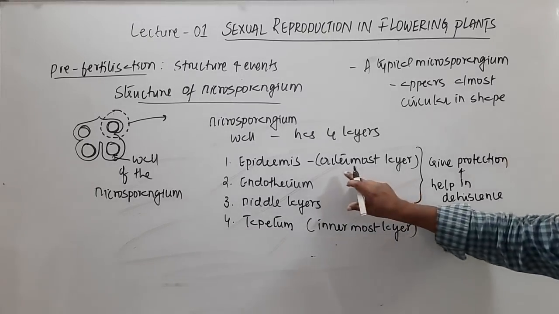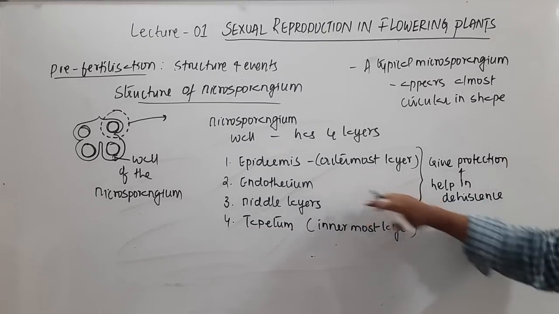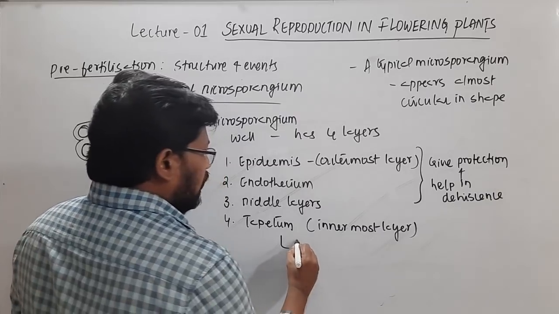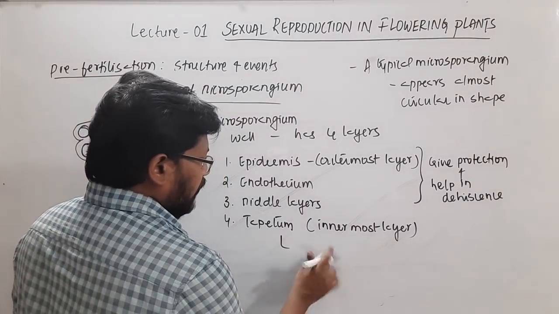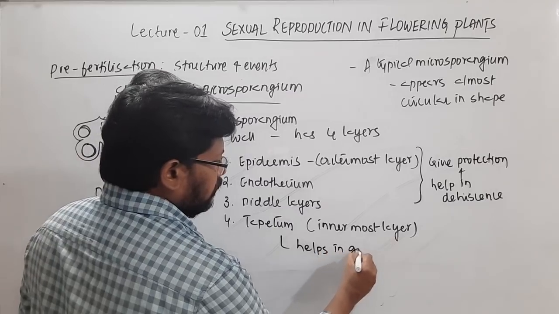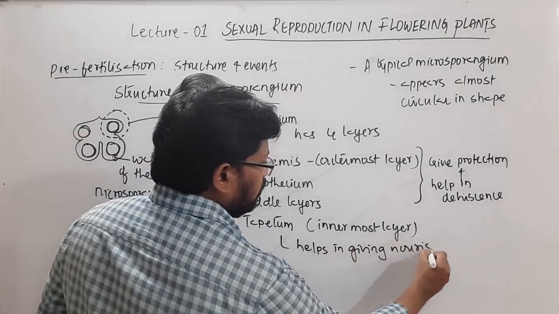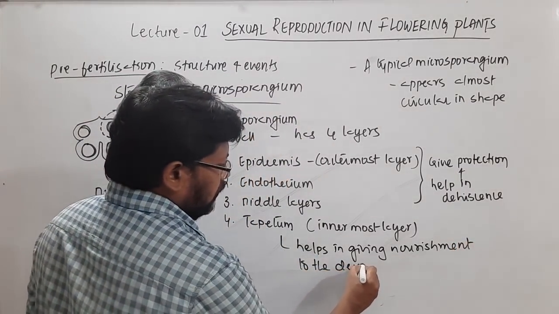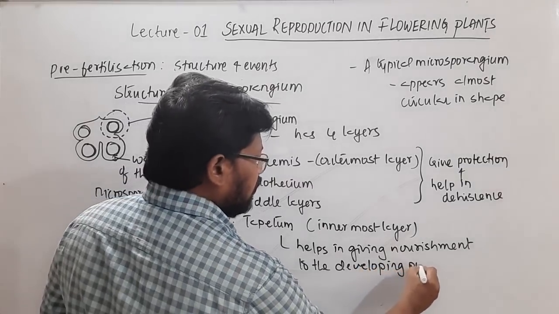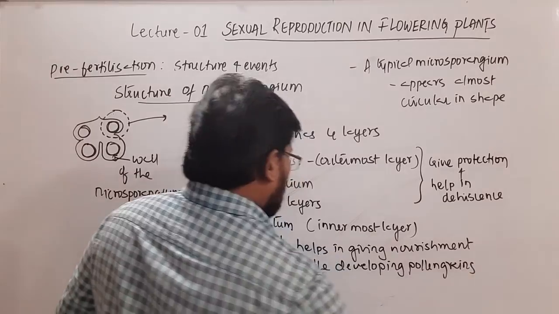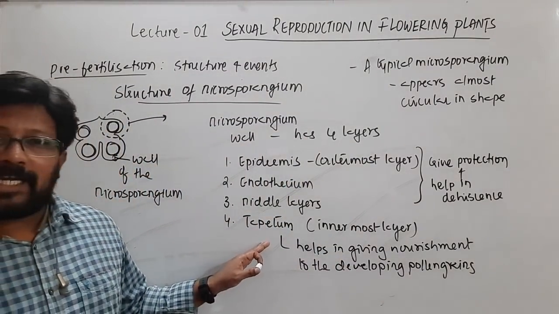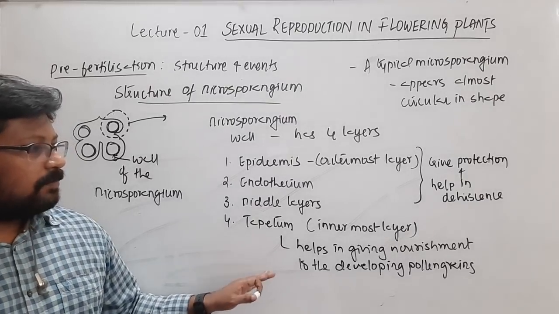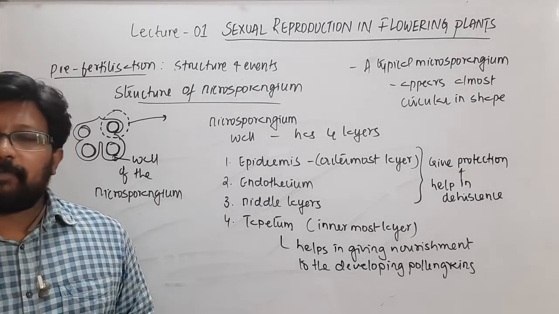Whereas the tapetum helps in giving nourishment, that is nutrition, to the developing pollen grains. The tapetum, the innermost layer, is in contact with the developing pollen grains and gives nutrition to them.